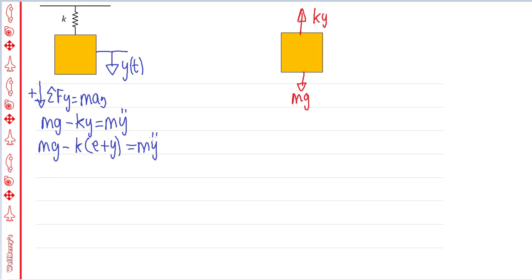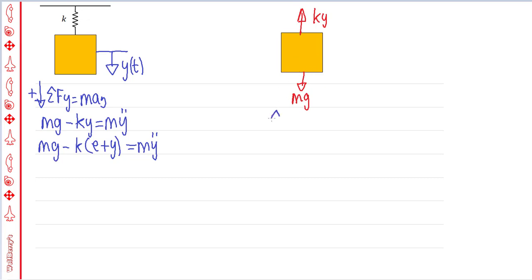Now we have to take a little detour and consider this system in equilibrium. If this block was hanging in equilibrium, so let's say there was no motion, you simply put the block on the spring and let it sit there. The system would be in equilibrium, and because it's in equilibrium, this force would equal this force. But you can prove it.